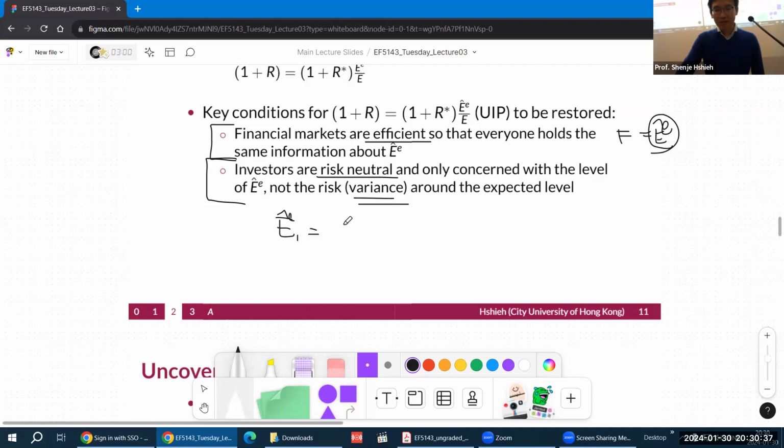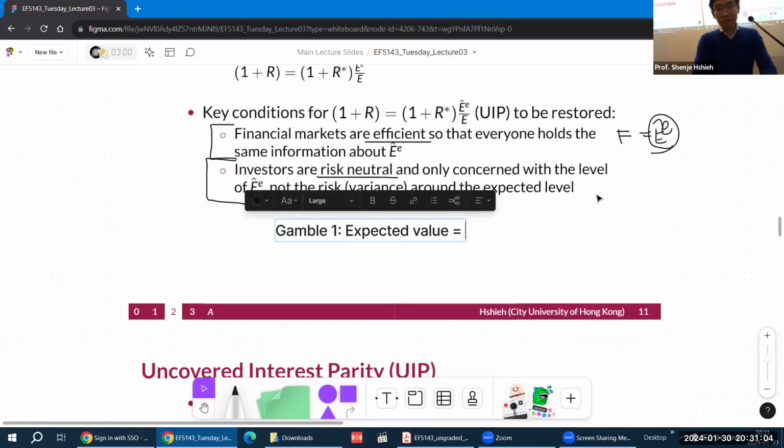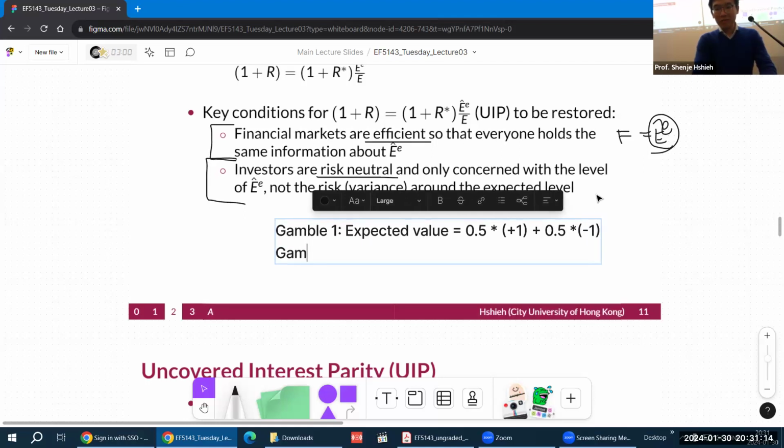Gamble one, expected value is equal to 0.5 times positive 1 plus 0.5 times negative 1, versus gamble two, expected value is 0.5 times positive 1 million plus 0.5 times minus 1 million.